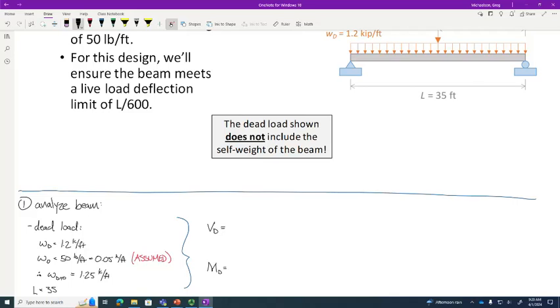So help me out. What are my expressions going to be? What equations am I going to use? I have a simply supported beam subjected to a uniformly distributed load. So how am I going to calculate the dead load shear and the dead load moment? We've already used them in class before.